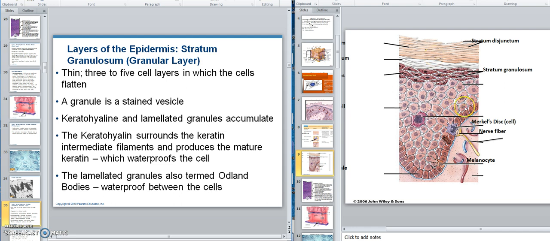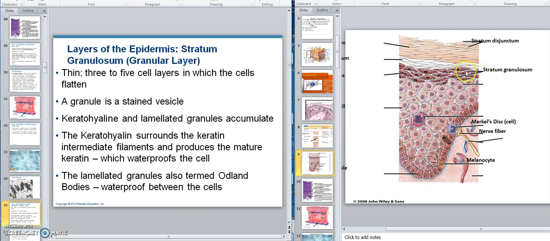Okay. What about water trying to squeeze between the cells? That's what we call lamellar substance or odland substance. It's a chemical that is secreted laterally from the cell, to try to keep the water from slipping between the cells. So let's go back. The mature keratin keeps the water from escaping straight through the cells, and the lamellar substance keeps it from escaping between the cells.